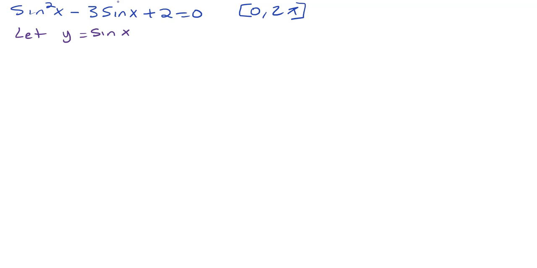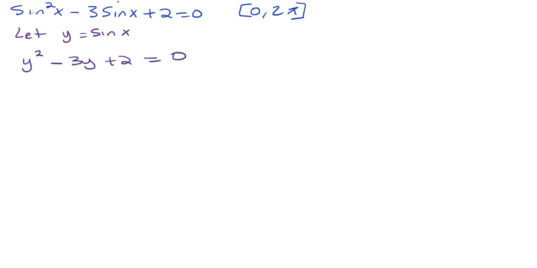So that way I can get rid of the confusion about sine and the trigonometric ratio identity. It stays out of my mind while I'm trying to just solve a simple quadratic. So this is going to become y squared minus 3y plus 2 equal to 0.